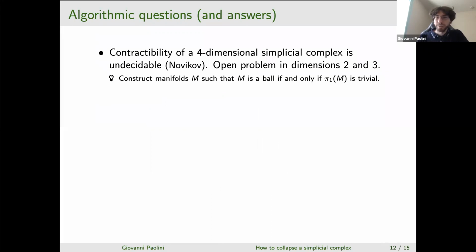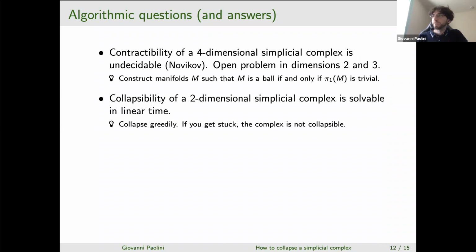Well, a preliminary comment when talking about algorithmic questions is that, as I mentioned earlier, contractibility is more difficult, in the sense that in general it is undecidable to determine whether a simplicial complex is contractible or not, at least in dimension 4 and higher. So this is already a good reason to study collapsibility.